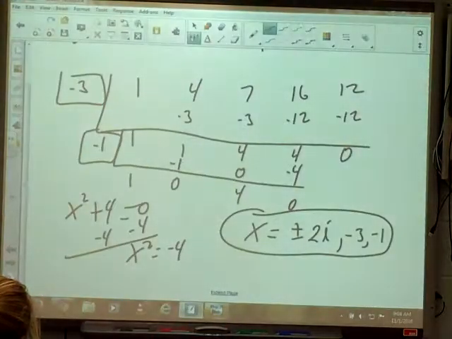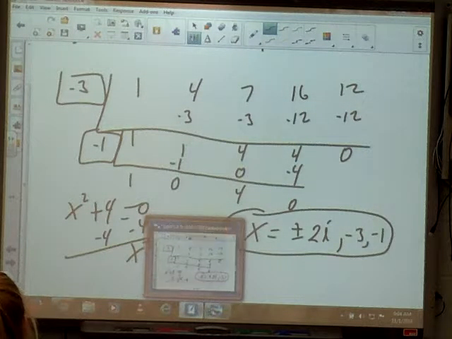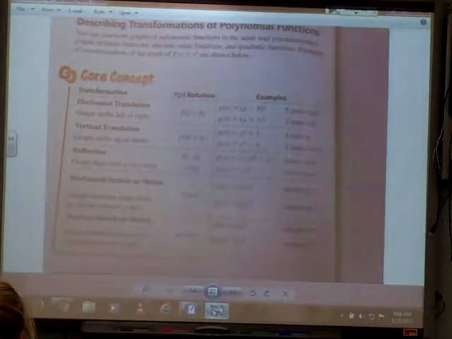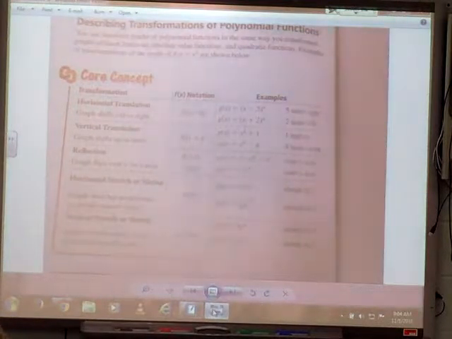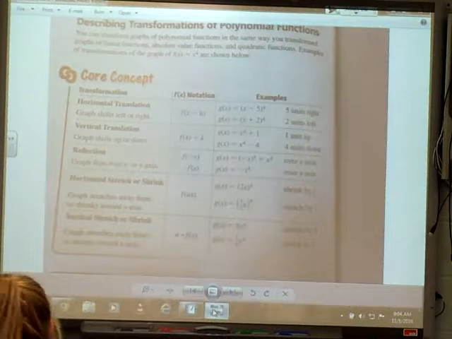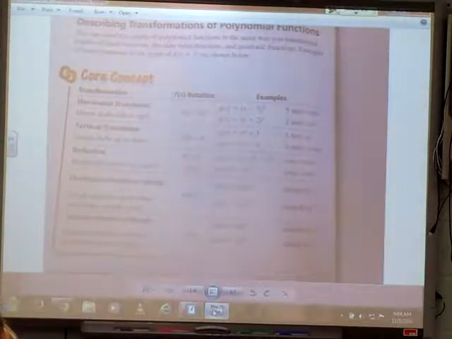Alright, first you need to get this chart in your notes as soon as I get it up there. Right there. There you go. I don't know what it'll look like if I zoom it in for you.